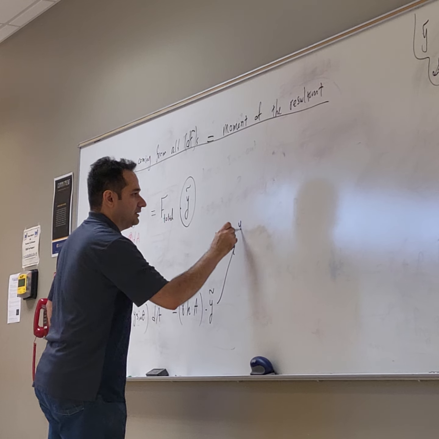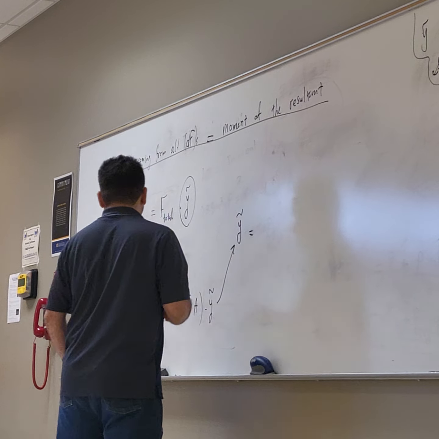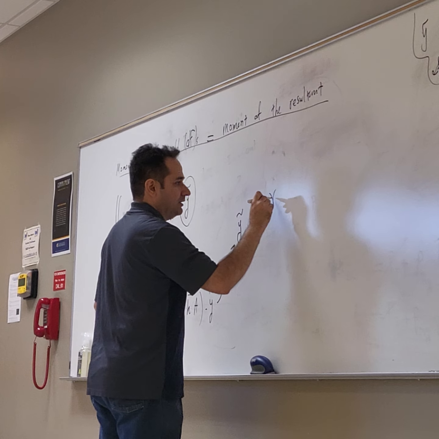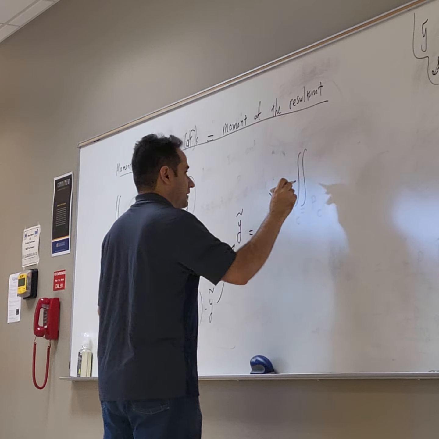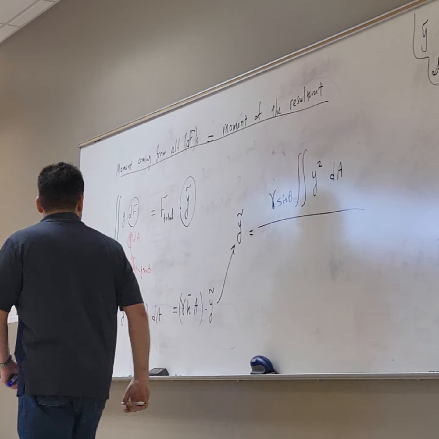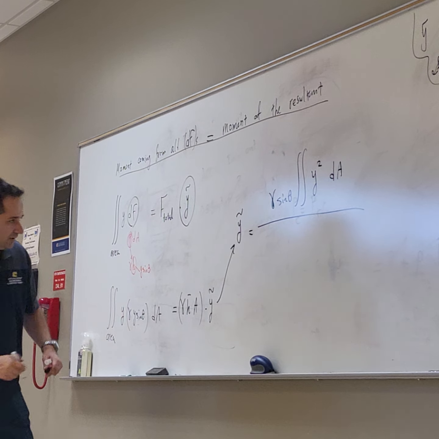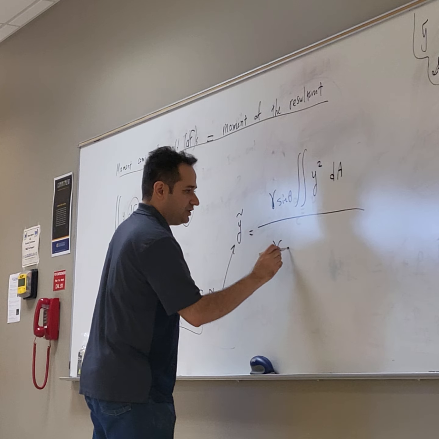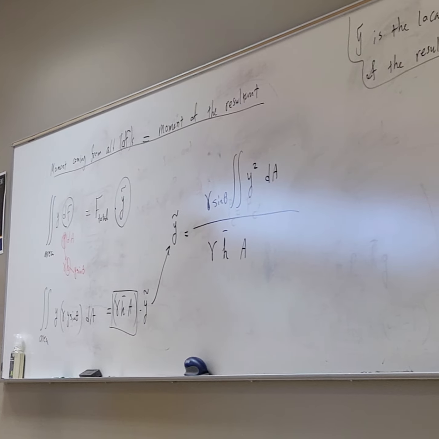Solve for y tilde, the location of the resultant force, which is equal to that term, bringing gamma sine theta out. So you get gamma sine theta, double integral, y squared dA, divided by this guy, which is gamma h bar A.